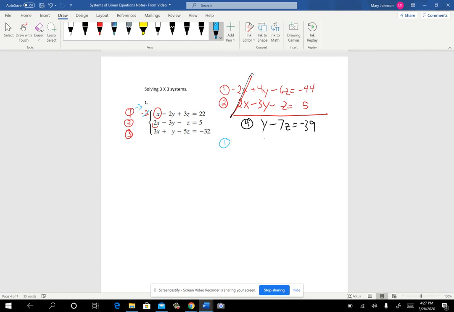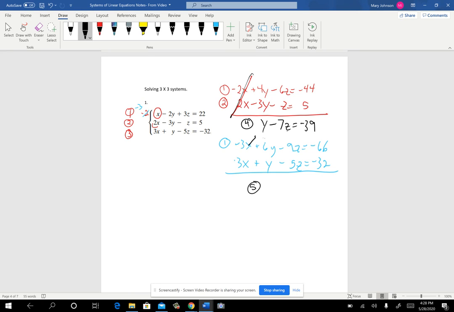My new first equation becomes negative 3X, positive 6Y, negative 9Z equals a negative 66. Then I'm going to bring the third equation and line it up right underneath that. And then I'm going to combine those, and that's going to give me my equation 5.